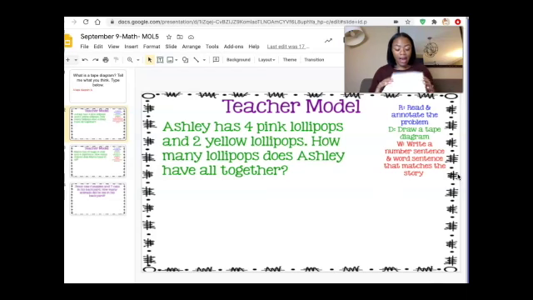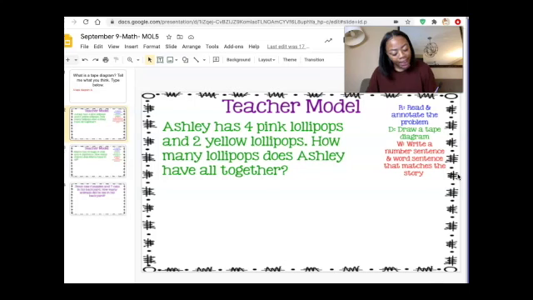And that's where our paper is going to come into play. So on your paper, you're going to take some time to copy down the word problem. So I am going to write on my paper the word problem just like I see it on the screen. So I'm writing Ashley has 4 pink lollipops and 2 yellow lollipops.